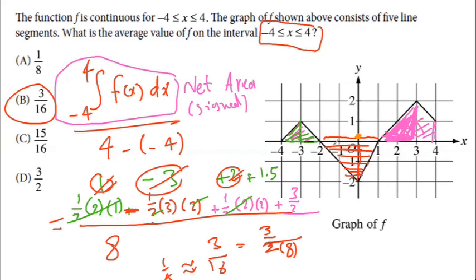And that makes sense because when you look here, you're going up and you're positive here, and then you go negative, and then you go positive again. So it's like a mean: if you have the value of the function at every single point in this interval from -4 to 4, and find the average of all these points, you will get 3 over 16.